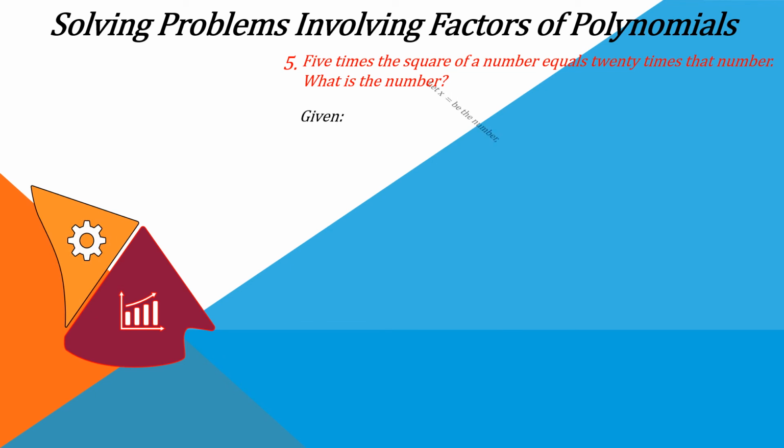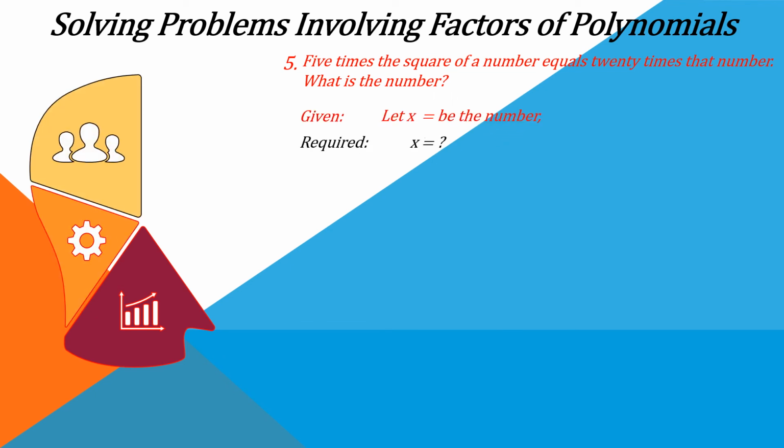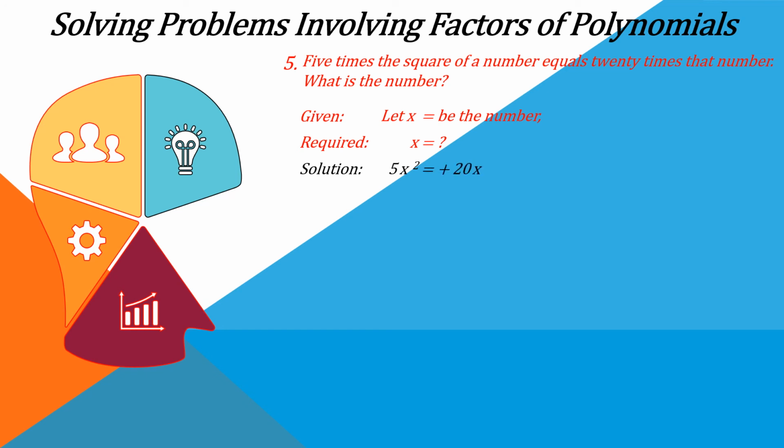So given is, let x be the number, and required is to find the value of x. Solution: as I have told you, 5x squared is equal to 20x.